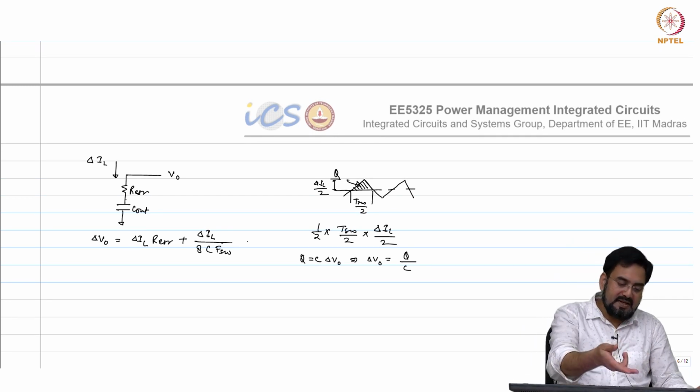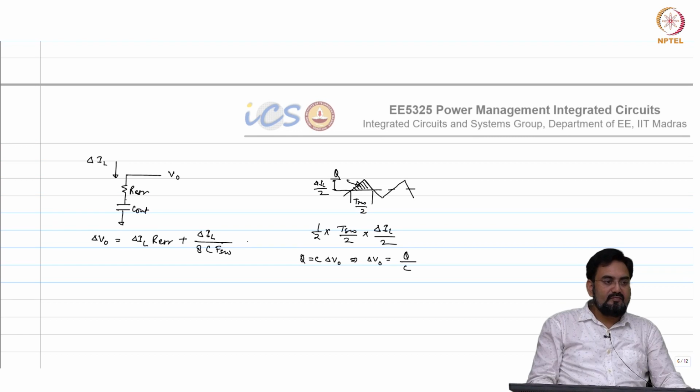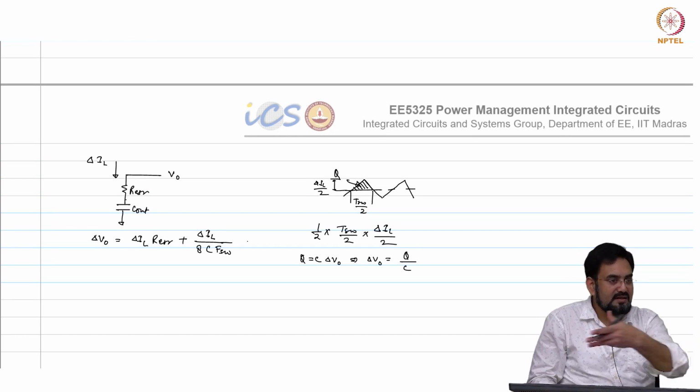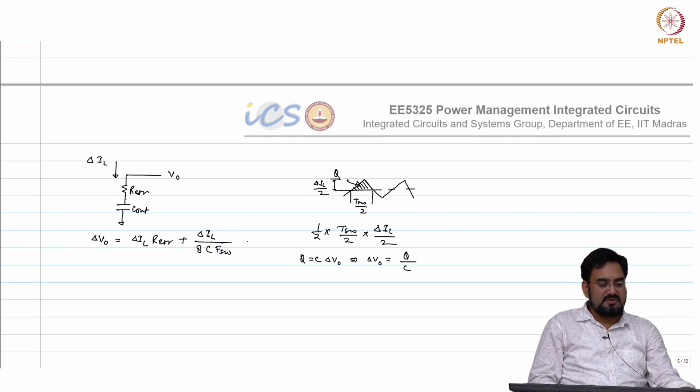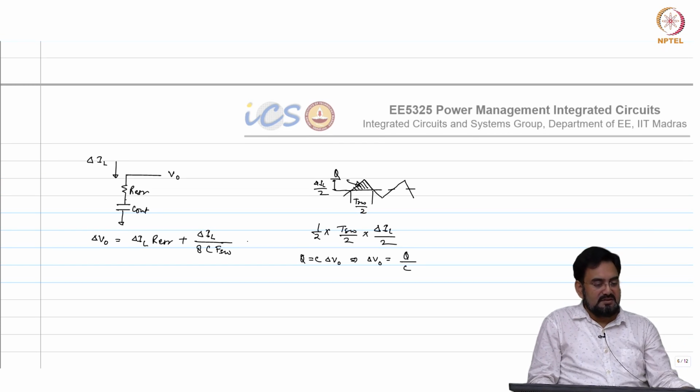Now if you break delta IL into V in minus V out by L and D times TSW, then you will get an FSW square term, but for simplicity I am just writing in terms of delta IL.